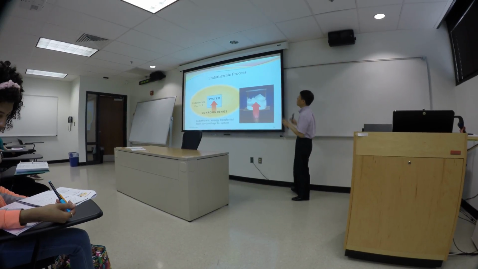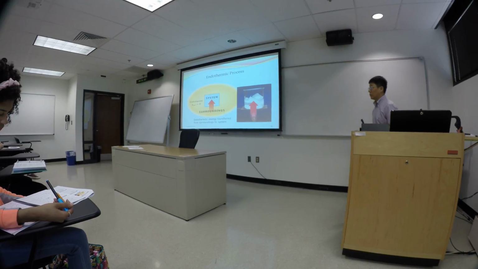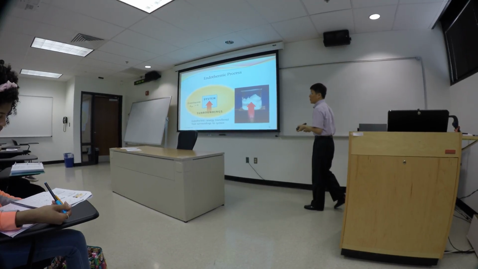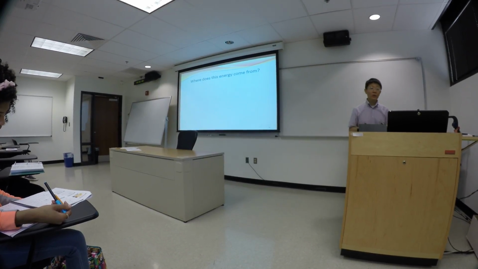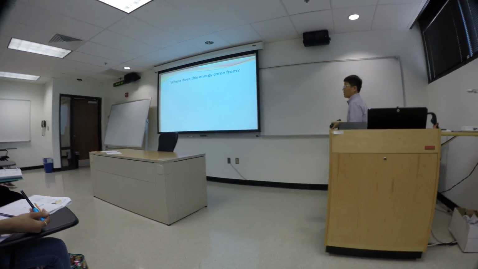So that's how we define those two terms: exothermic, endothermic. In exothermic, energy is coming out of the system. In endothermic, energy is going into the system. So those are the terms. And how do we quantify the amount of energy? Or another question, where does this energy come from?